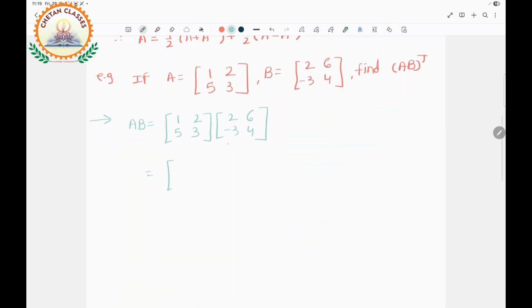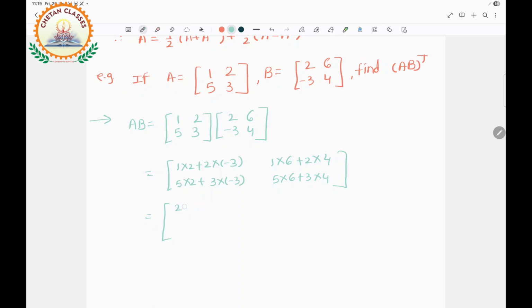Now first row, first column, that is 1 into 2 plus 2 into minus 3. Then first row, second column, that is 1 into 6 plus 2 into 4. Now second row, first column, so 5 into 2 plus 3 into minus 3. And second row, second column, so 5 into 6 plus 3 into 4.